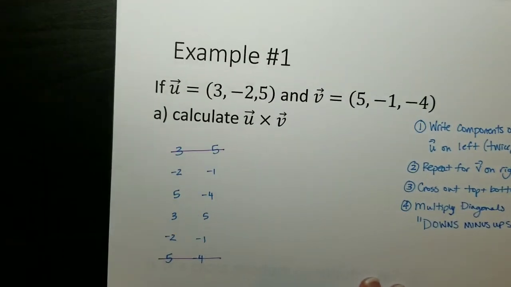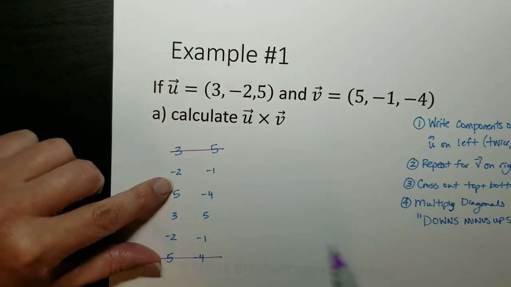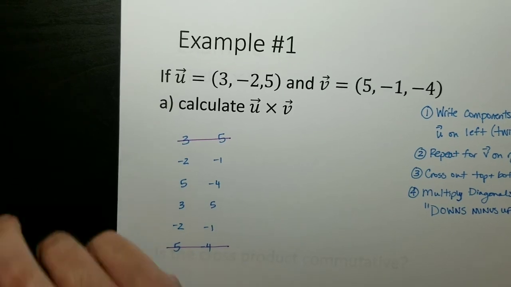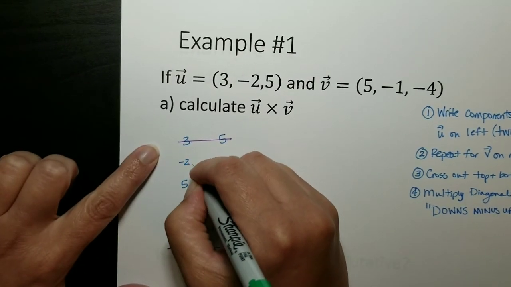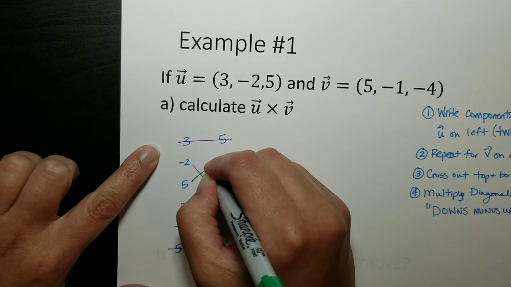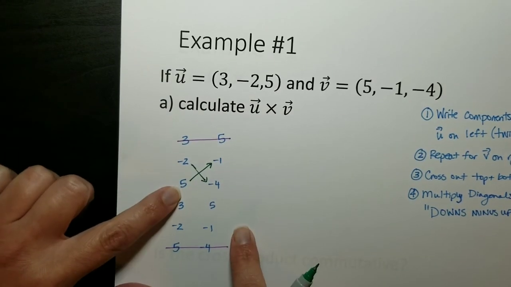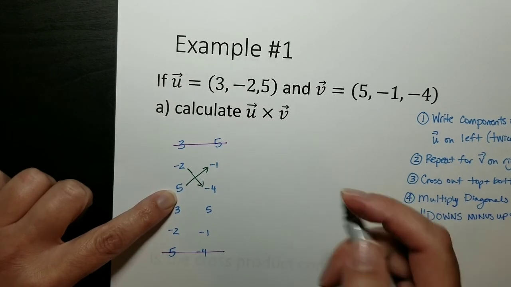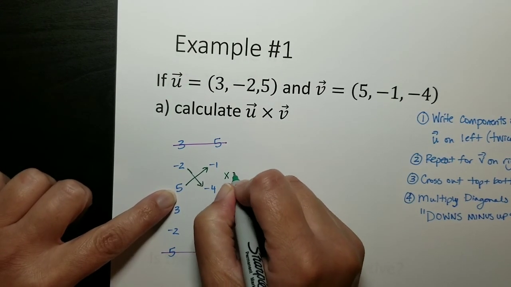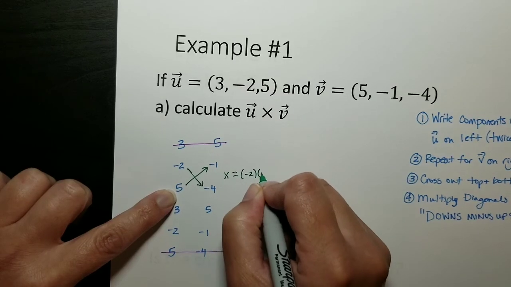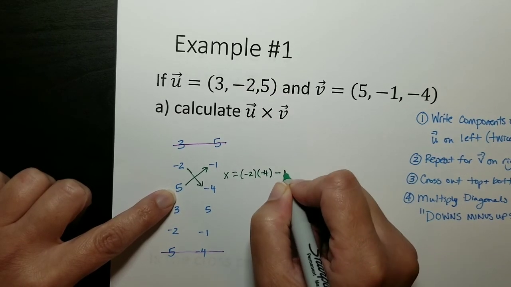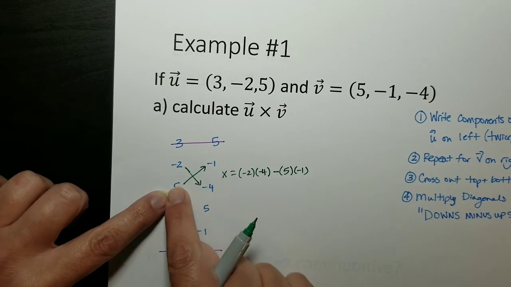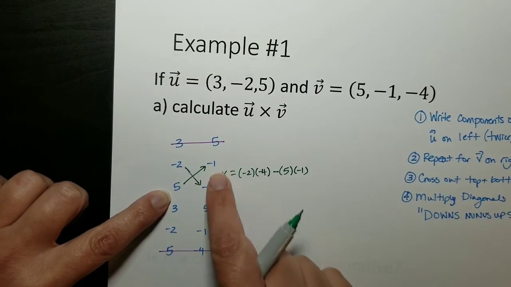I'm going to use these first diagonals to get my x. So I multiply the first two diagonals and do the downs minus the ups. So the x is -2 times -4 minus 5 times -1. Multiply, multiply, subtract: downs minus ups.